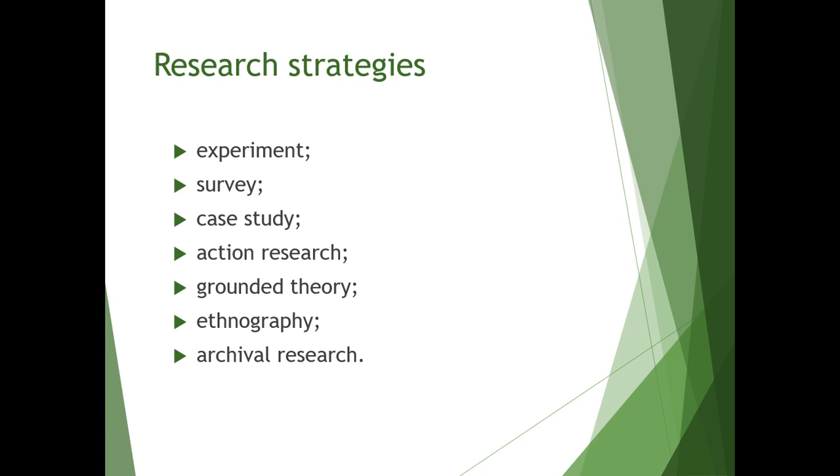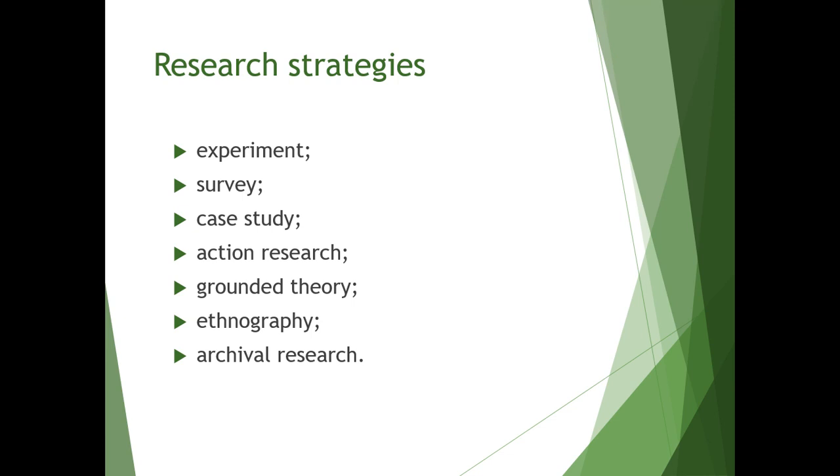If you do not have any information on the situation, you do exploratory research. If you know something and you want to give a better profile of the situation, you do descriptive research. And if you want to explain the relationship or the cause of something, you do explanatory or causal research.